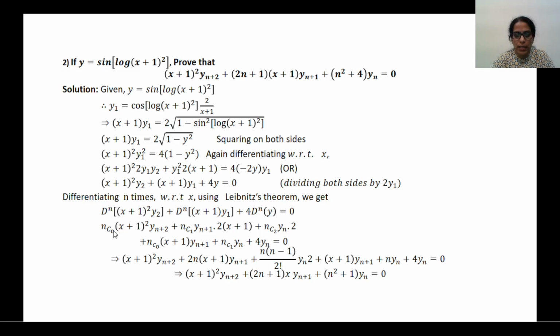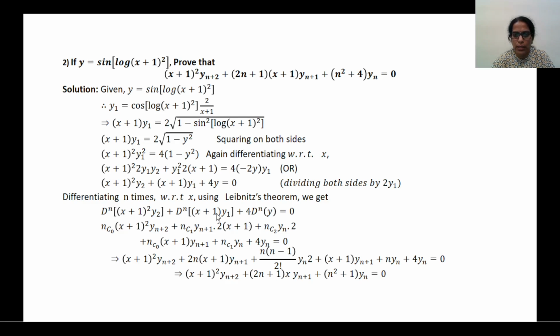So it's nc0 x plus 1 whole square, its nth derivative is yn plus 2, plus nc1. This derivative goes on decreasing, that is yn plus 2 minus 1, which is yn plus 1, into the differentiation of this, which is 2 into x plus 1, plus nc2. This again decreases, it's yn, and again the differentiation of this is 2. So the next term will be 0. We'll leave up to here only.